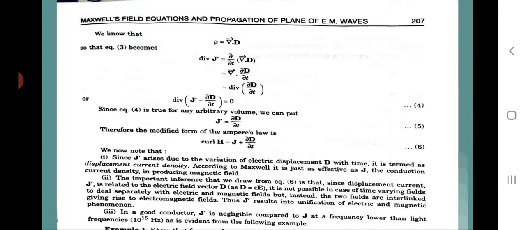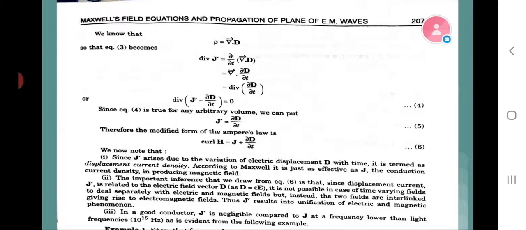Second, the important inference that we draw from equation 6 is that since displacement current J dash is related to the electric displacement vector D, where D is equal to epsilon naught E, which is a well-known equation, it is not possible in case of time varying fields to deal separately with electric and magnetic fields, but instead the two fields are interlinked, giving rise to electromagnetic fields.